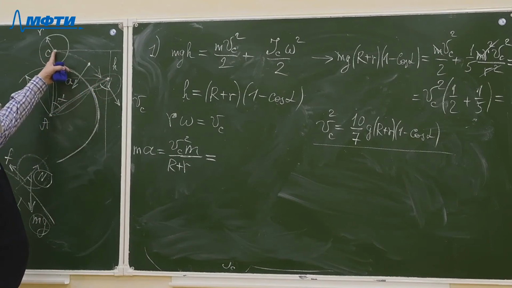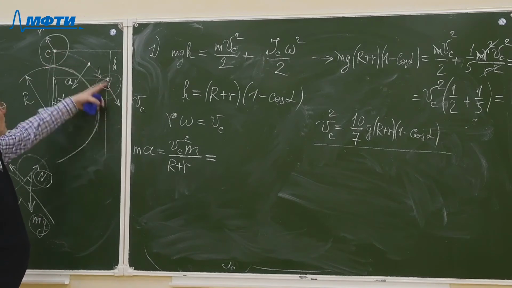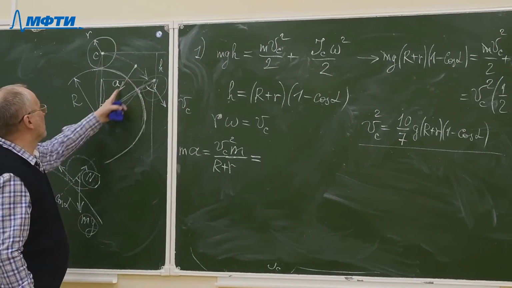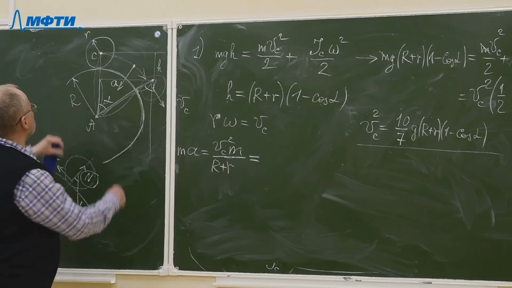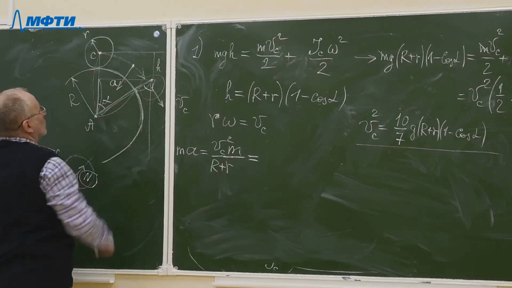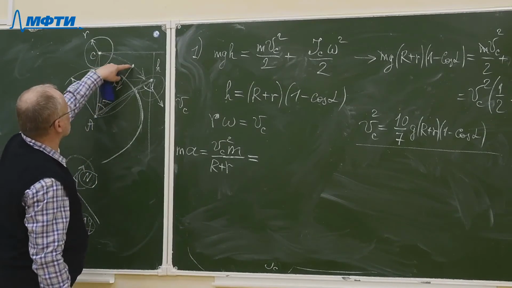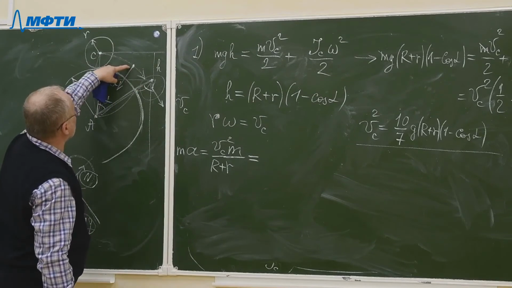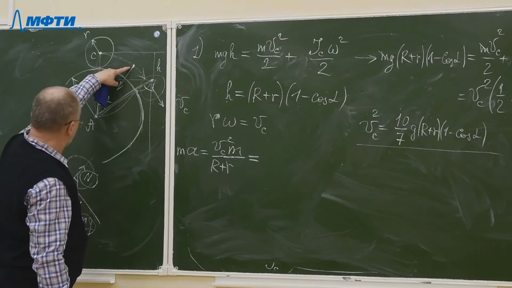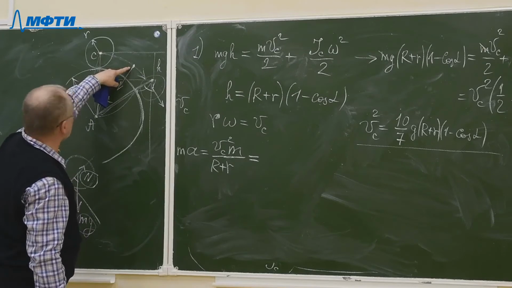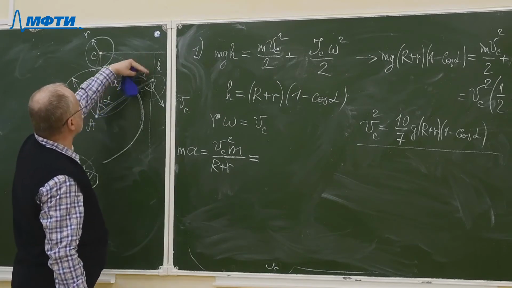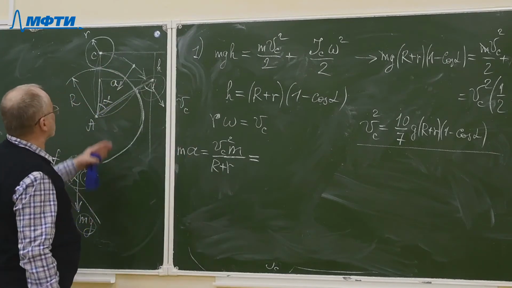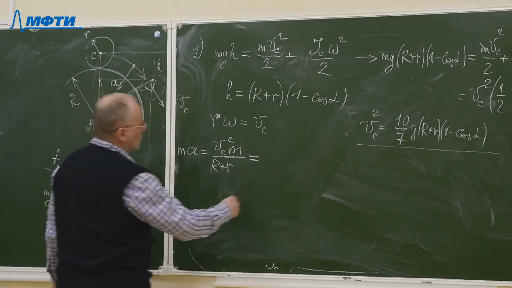The center of the sphere moves along some circular trajectory, which has its own radius equal to capital R plus small r. This total radius gives us the direction perpendicular to the surface, and along this direction there are two forces acting.